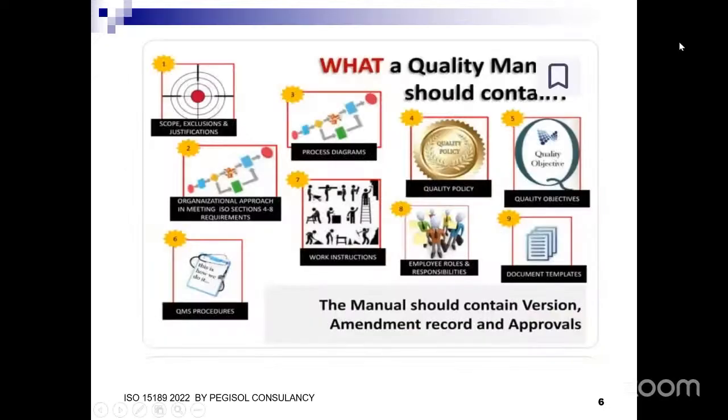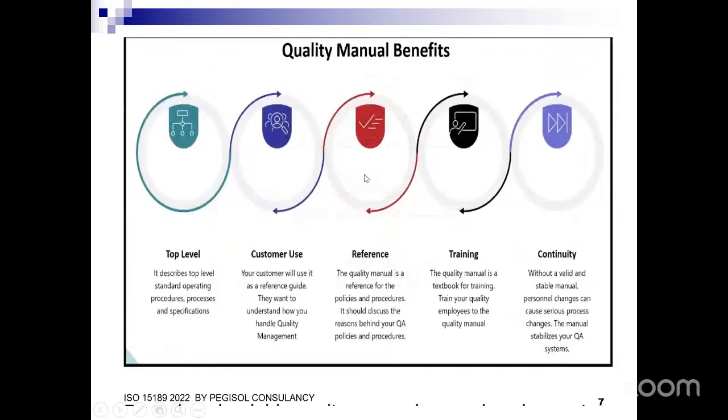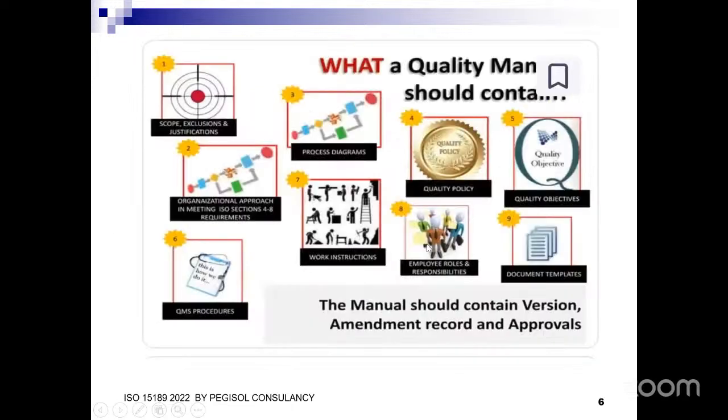Now, what should a quality manual contain? It should contain the scope, the exclusions, the justification, diagrams, your quality policy, the quality objectives, the employee responsibilities, the work instructions, the QMS procedures, the organization's approach, and some templates and the way things have to be done.